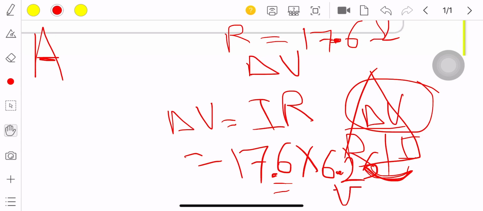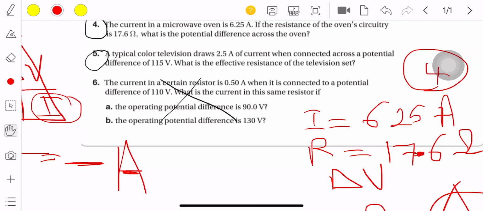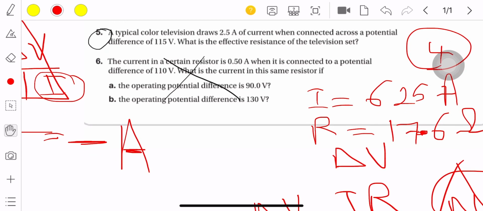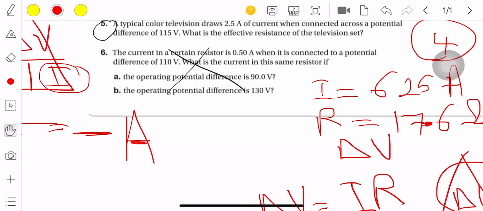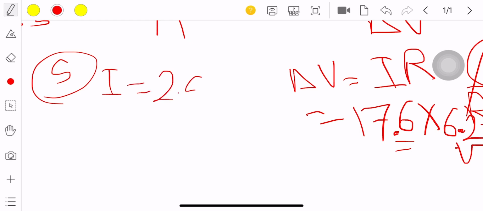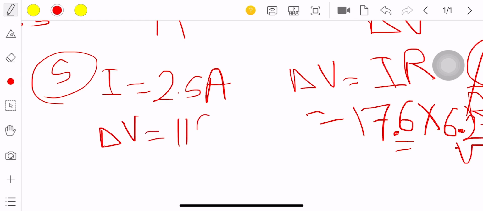It is so easy. Okay, last one, we will do number 5. The resistance is unknown, and the electric current and the potential difference are given. Number 5: the electric current is 2.5 ampere, and delta V is 115 volt. The R is unknown.